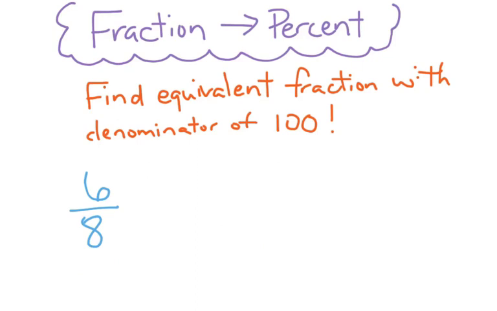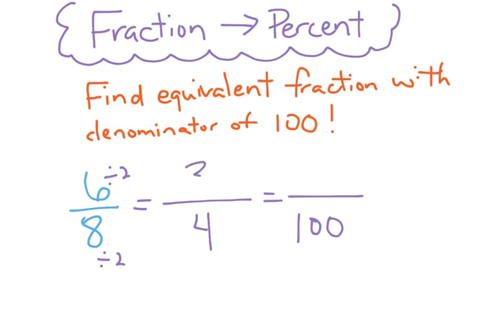Now sometimes we may face a tricky situation where we are looking at a fraction with a denominator that does not easily go up to 100. I cannot multiply 8 times a number to give me 100. But what I can do is scale back and then scale forward to get 100. And when we scale back, essentially we're simplifying to a number that will go up to 100. So if I simplify this fraction 6/8, I would divide by 2, and I end up with 3/4.